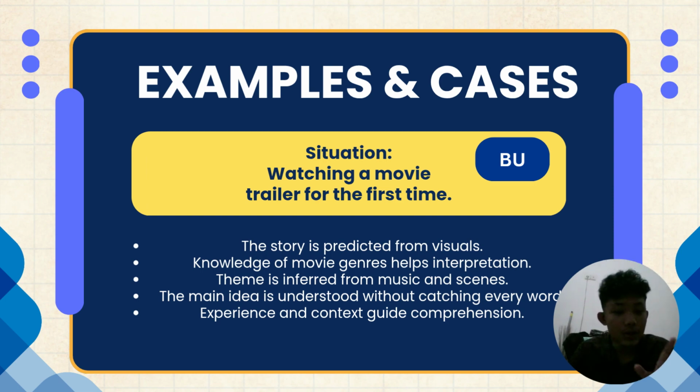The knowledge of movie genres helps us interpret what we understand, and the theme is inferred from the music and the scenes. The melody is understood without catching it afterwards, and then the experience and context guide the comprehension. So this is why we name it bottom-up processing.